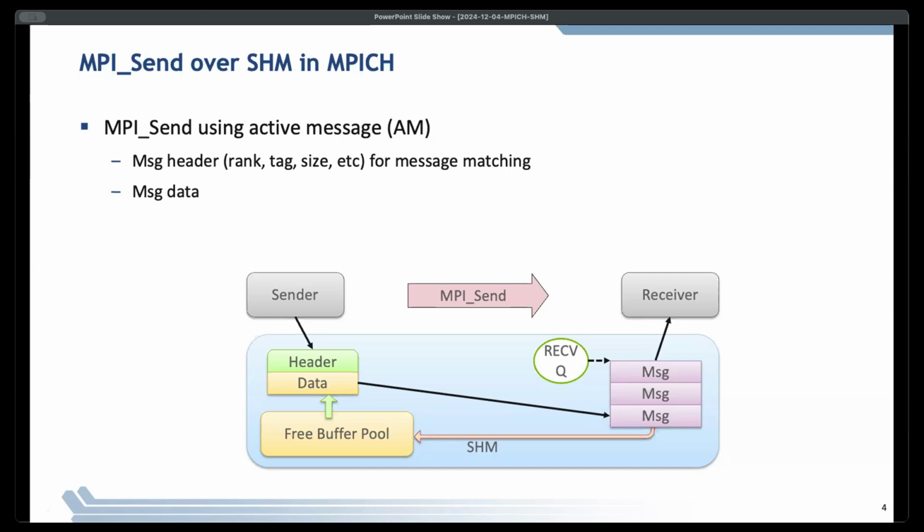These are pre-allocated buffers with a fixed size, and when the sender is trying to send a message, it grabs one of these buffers and fills in the message header and the actual data payload. That buffer is then enqueued on the receiver queue on the receiver side, where the receiver ingests all the incoming messages from the queue, and once a message has been processed, the buffer is freed and returned back to the original free buffer pool of the sender.